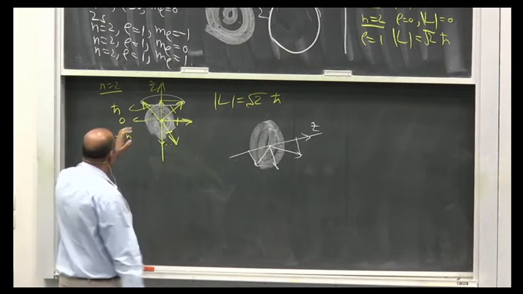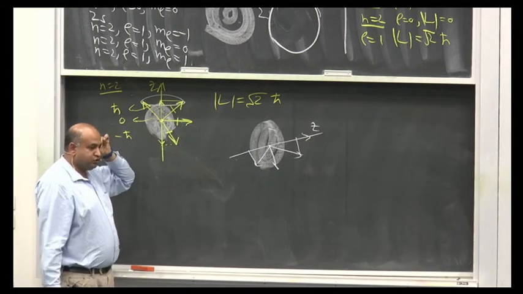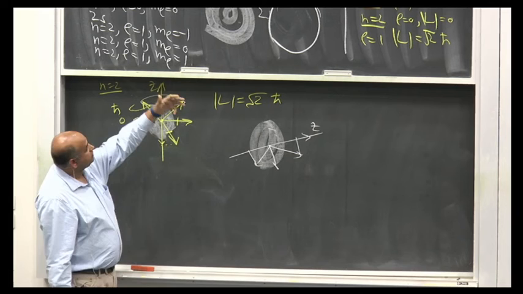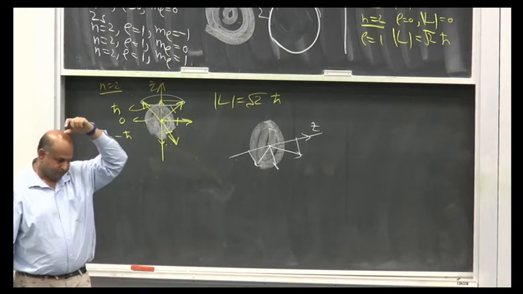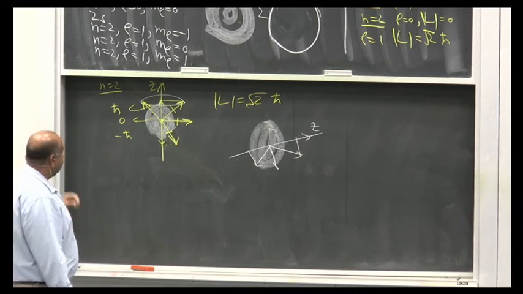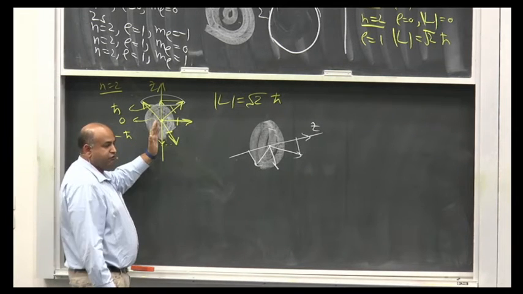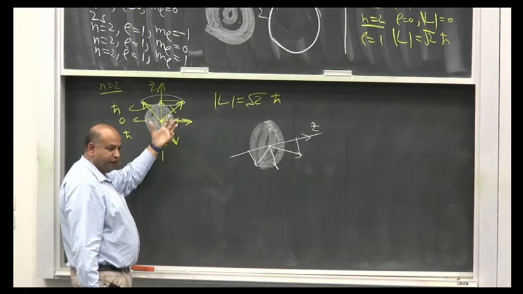And when you start measuring, whatever z axis you choose, you see that the angular momentum magnitude is quantized. At the same time, we can do that. I'll show you why. Okay?